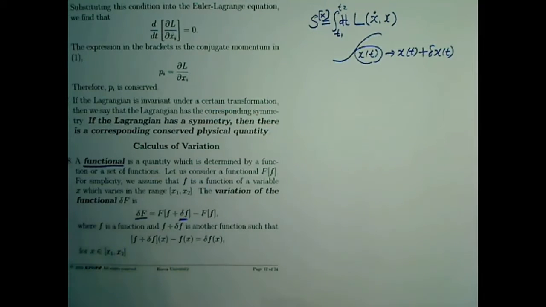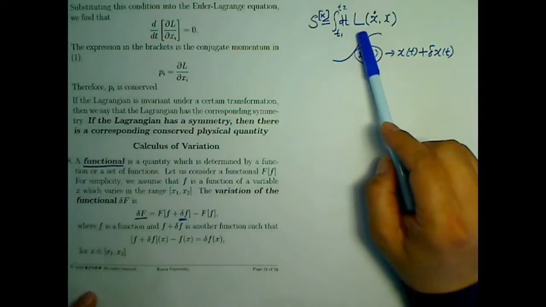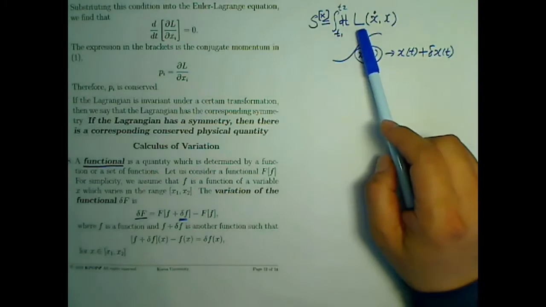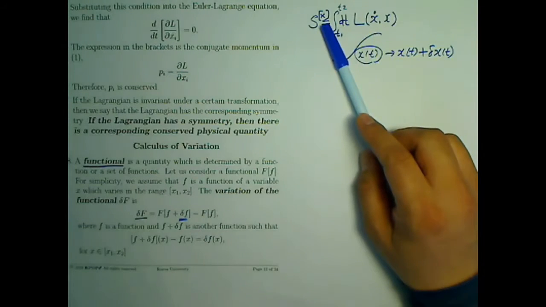Okay, next we consider the calculus of variation. The action principle makes use of the calculus of variation. The action, which is the time integral of the Lagrangian, is actually a functional.